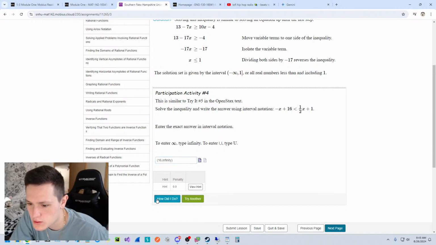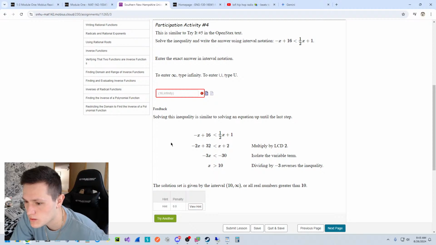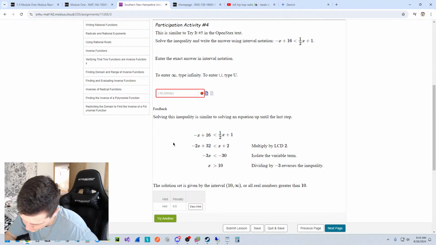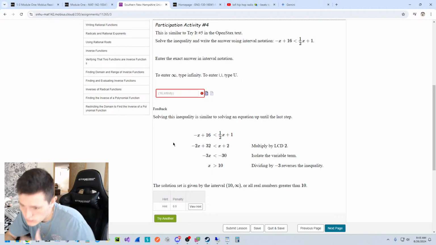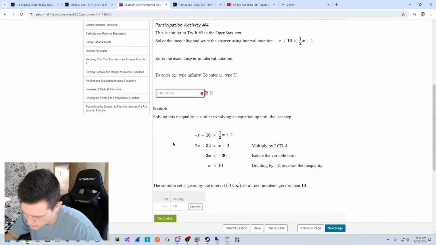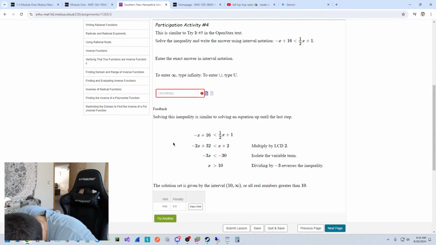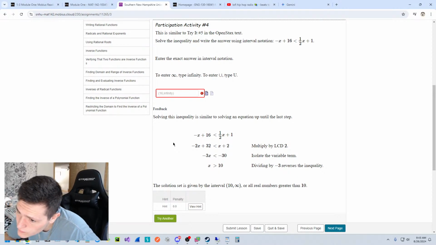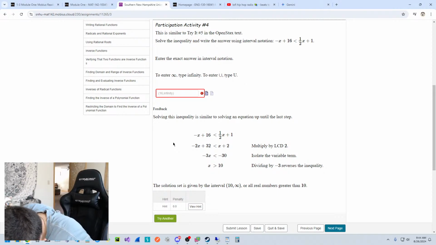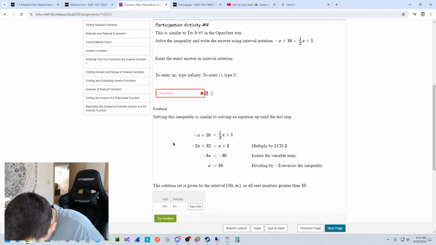This is actually confusing too. This is really confusing. What did I do wrong here? I'm gonna rewrite this shit. So multiply by 2, 16 becomes 32. That's what I got. So, right?